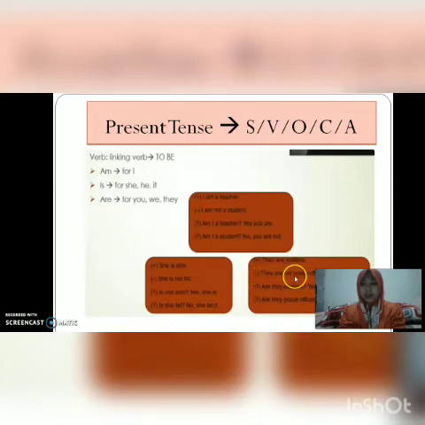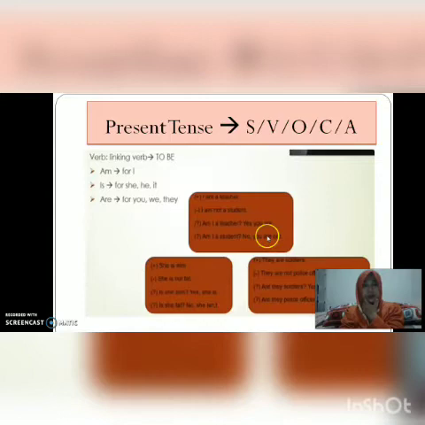They are not police officers. Not is the word that is used in the negative form. And then the interrogative sentence: are they soldiers? Yes, they are. And if the answer is no, so are they police officers? You have to answer no, they are not.